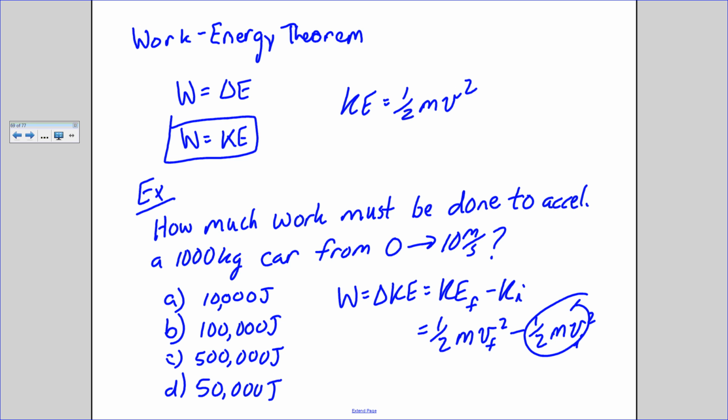This whole second term is 0 because it's initially at rest, it has no kinetic energy, and so it's just 1/2 of the mass, which is 1,000 kilograms, times 10 meters per second squared. And that's equal to 50,000 joules. Let's do another one.